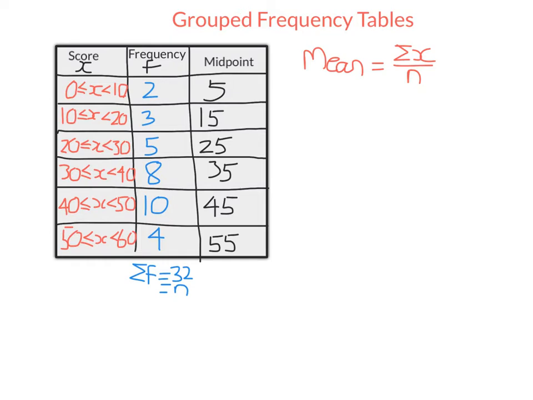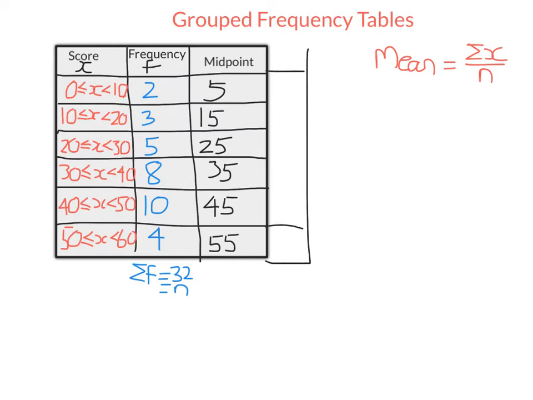Now I need to estimate the sum of the scores. So what I need to do is create another column. In this column, I'm going to multiply each score by how many times it occurred. That's just an easy way to add up all the scores. So if I call the midpoint m, in this column I'm going to multiply the frequency, how many times the score occurred, by the midpoint. So what goes in this column?